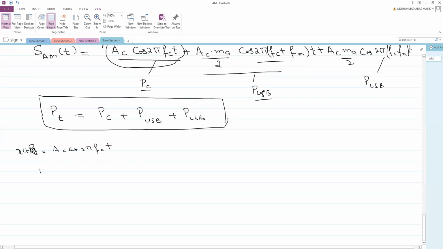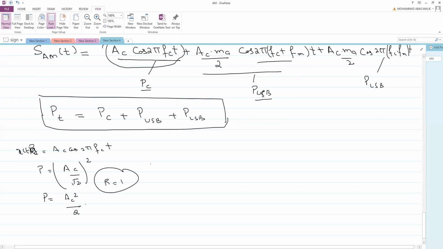So power will be Ac²/2, the normalized power, if I take R equal to 1.